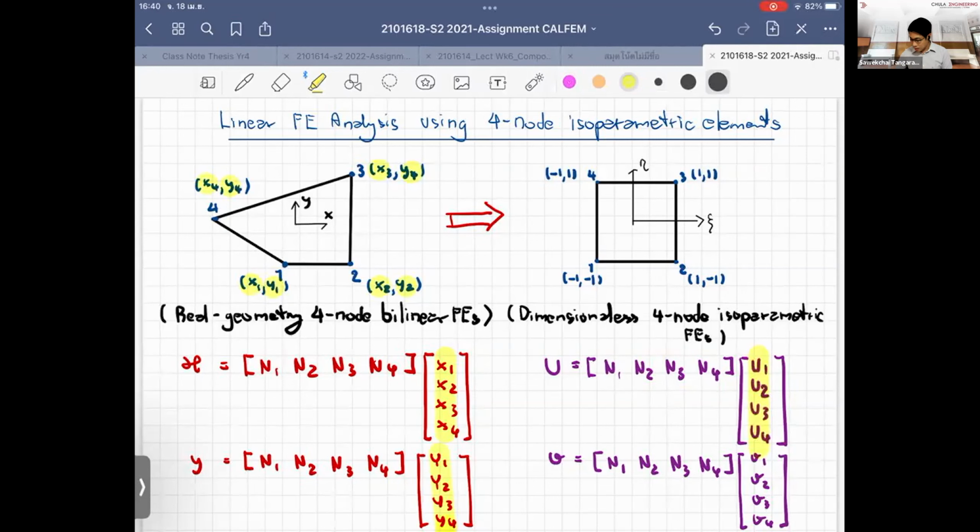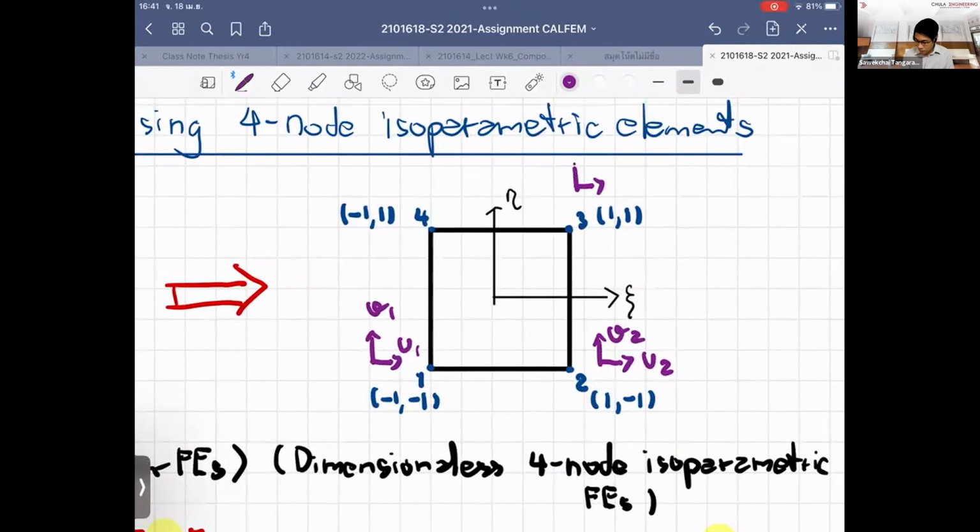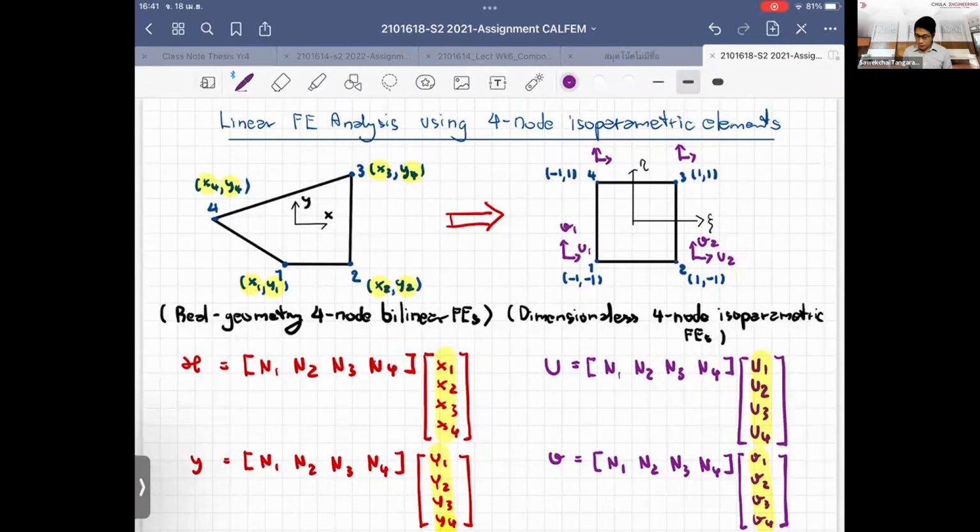And this one here is the displacement at the node in X and Y. So we have the displacement, this is U1, V1, and so on. So we keep doing this.